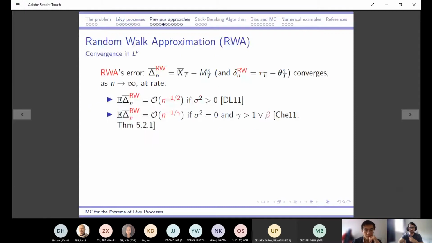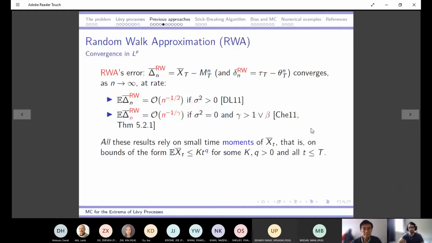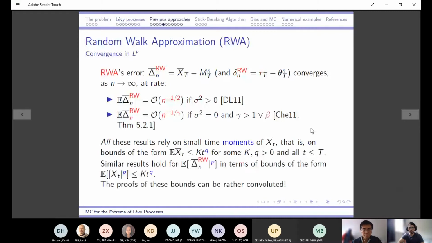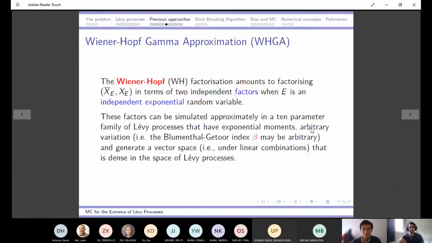And the answer is that if you look at this difference right here, then the decay of the average distance is of order n to the -1/2 if you have a Gaussian component, and otherwise it's n to the -1 over gamma, where gamma is related to this Blumenthal-Getoor index. In particular, it never gets better than n to the -1 or worse than n to the -1/2, right? So it's somewhere in between. It's always decaying polynomially.